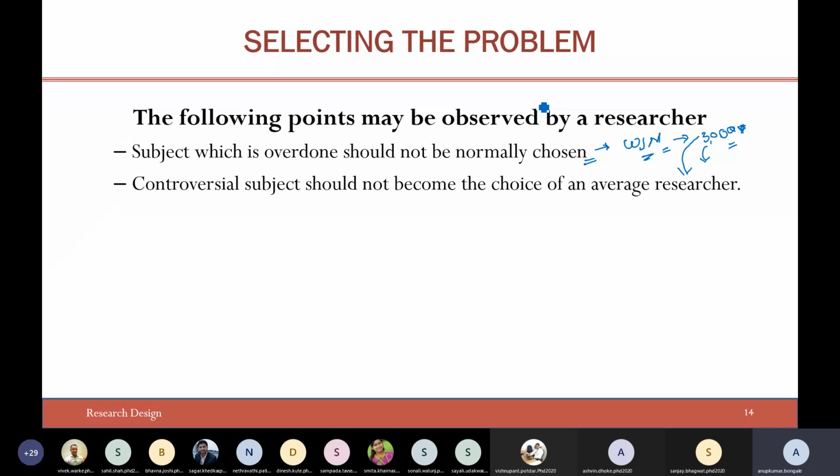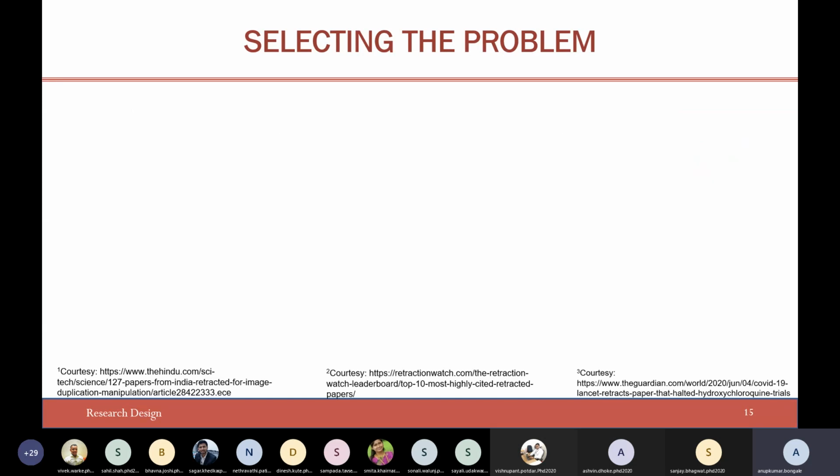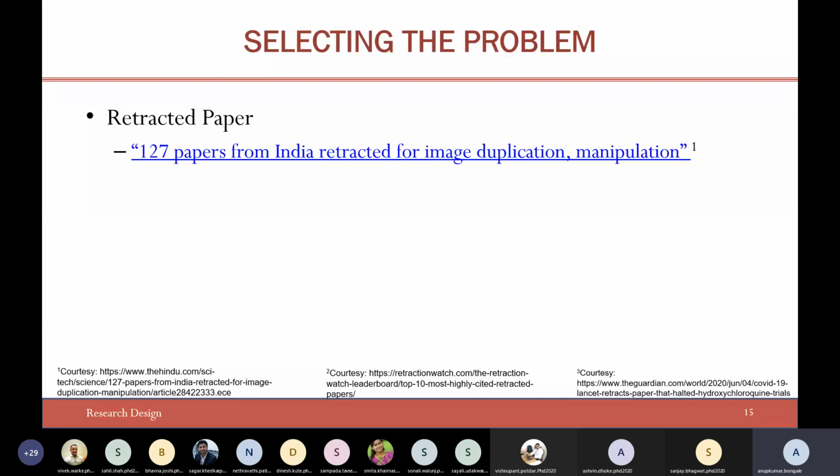One more point is that a controversial subject should not become the choice of the average researcher. So what is this controversial subject area? Let me give you some practical insights. I have taken some articles, let's say on retracted papers. Just let me know if you are able to see the link.